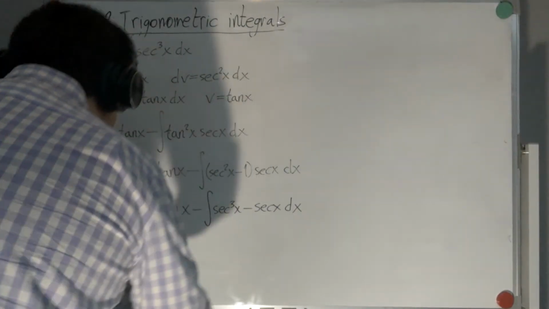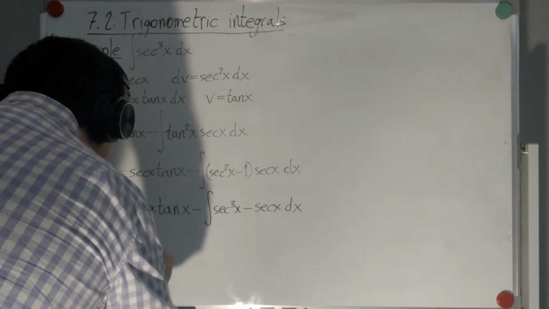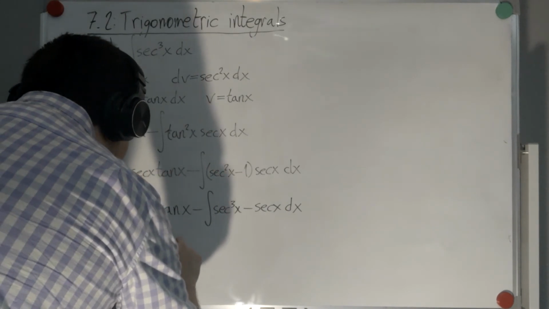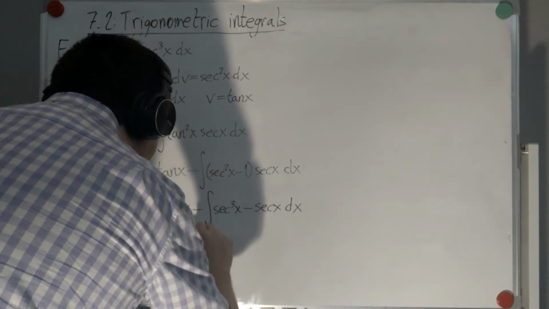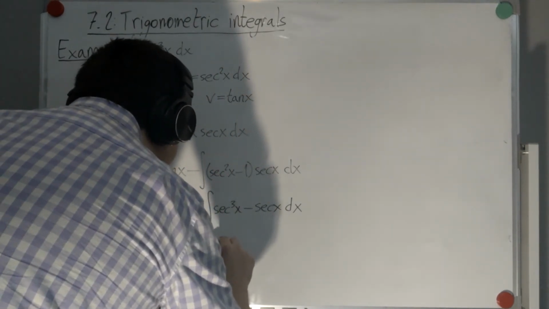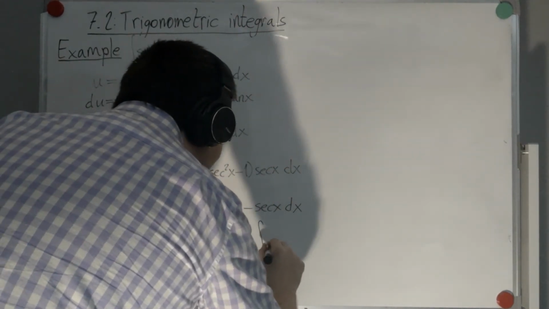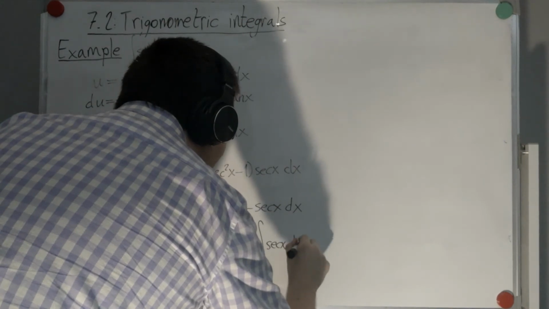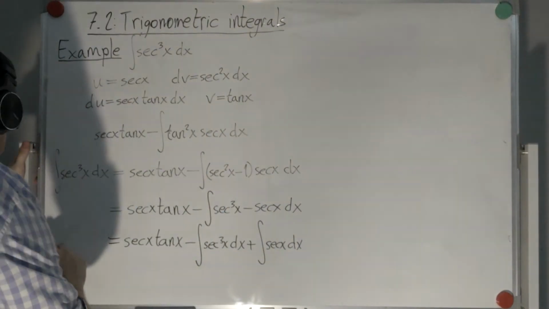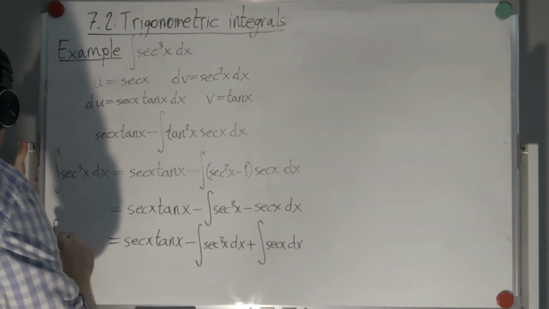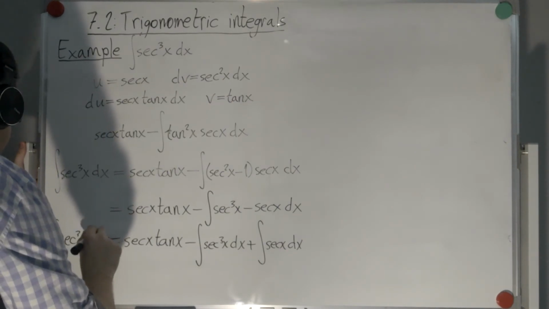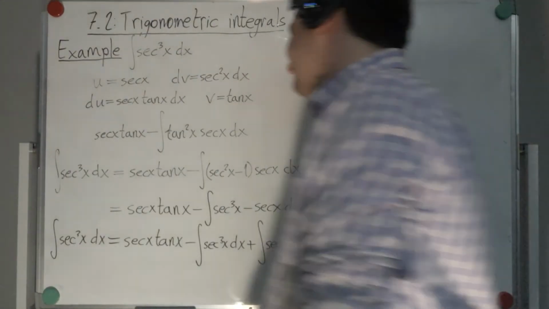So then you can write this as secant x tangent x minus the integral of secant cubed x dx plus the integral of secant x dx. And by the way, this is all equal to the integral of secant cubed x dx.